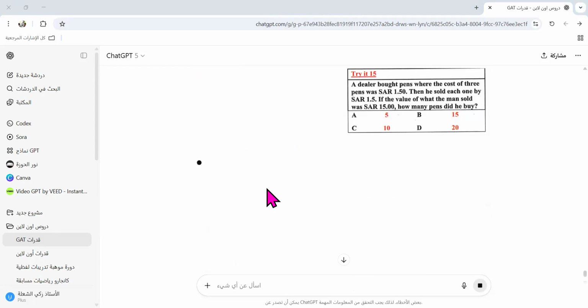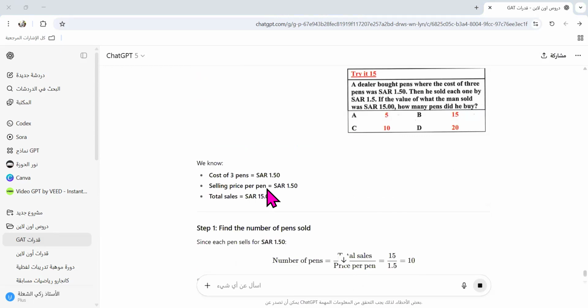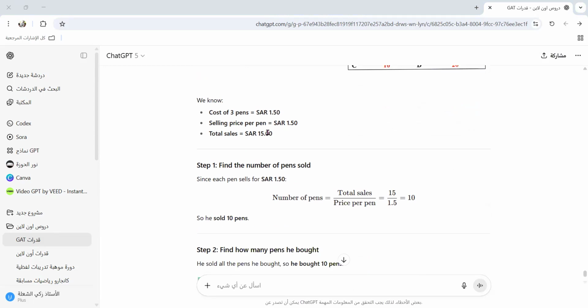Look, now ChatGPT will give me the idea. Look here. Cost of 3 pens, 1.5. So selling price, then this analysis, 1.5. Find the number of pens.